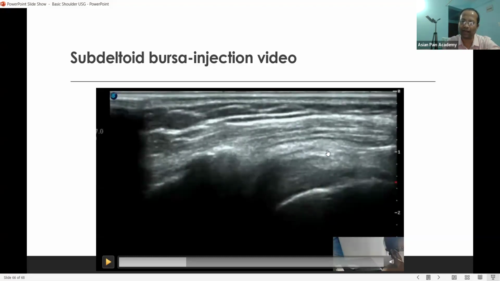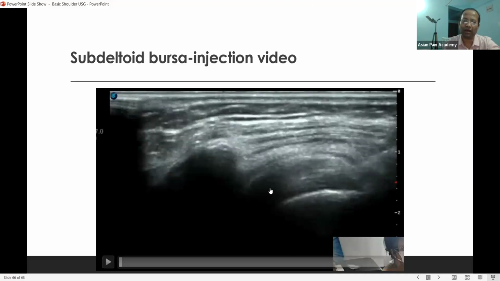So this black line must be my target. And remember, if you are inside the bursa, you will inject at one place and the fluid will move to another place. But if you are inside a muscle, then the muscle fibers will be separated and the fluid will remain in that part only. So that we don't want.